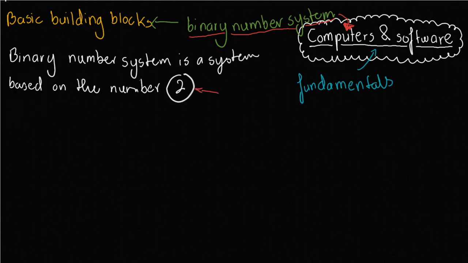I mean two values. And those two values are 0 and 1. So basically the binary number system is entirely based on these two values, 0 and 1.